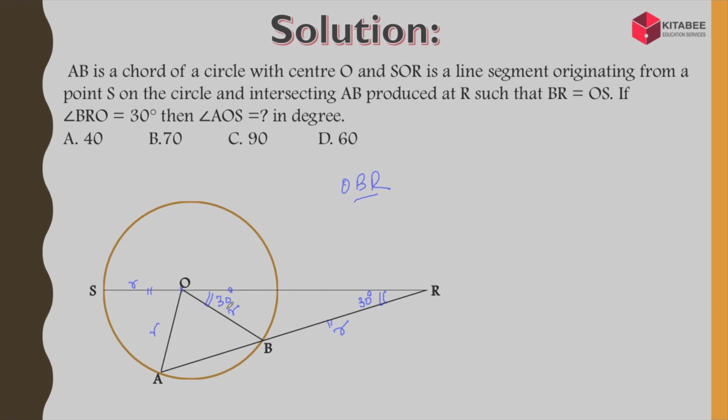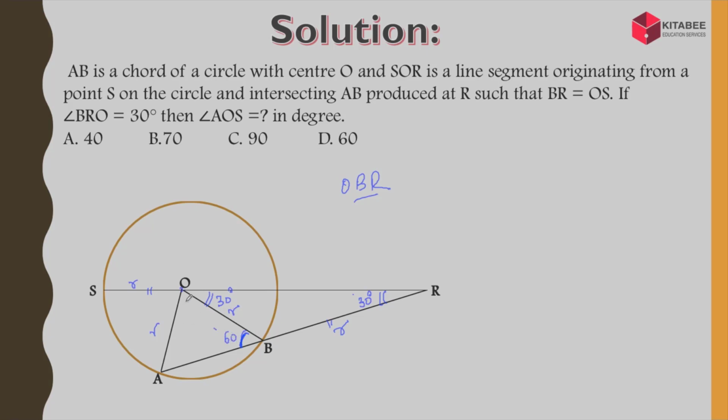Now this angle would be exterior to this triangle OBR. So any exterior angle is always equal to the sum of the opposite interior angles. So this is 30, this is 30, so their sum would be equal to 60. So that implies angle OBA would be equal to 60 degrees.